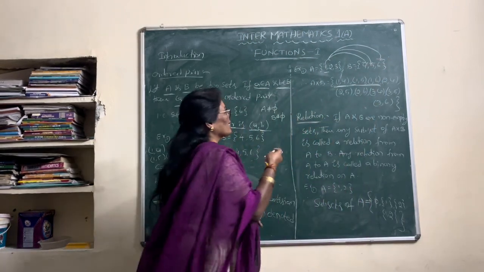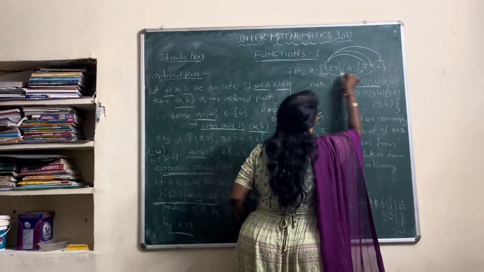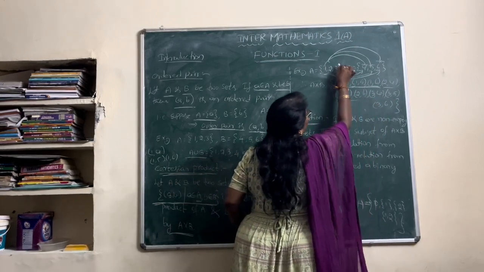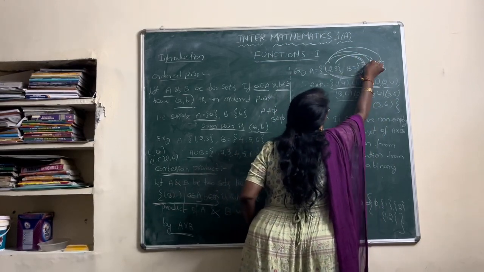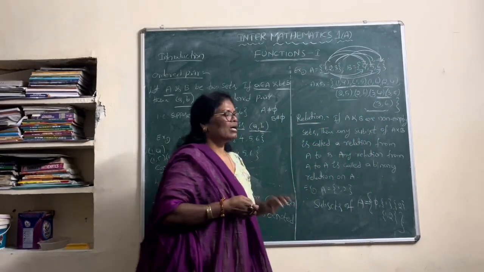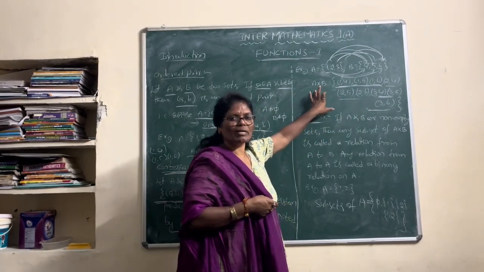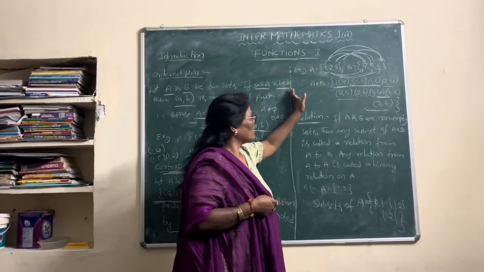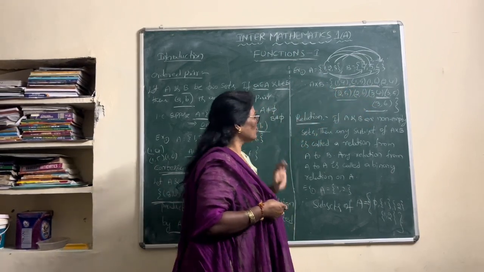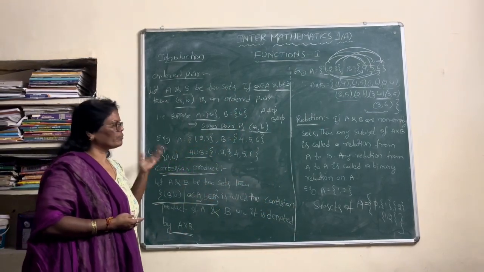Next 2 comma 4, 2 comma 5 and 2 comma 6. And remaining 3 comma 4, 3 comma 5, 3 comma 6. Is it clear? So we write A cross B, the set of all such ordered pairs. Okay, this is the Cartesian product.